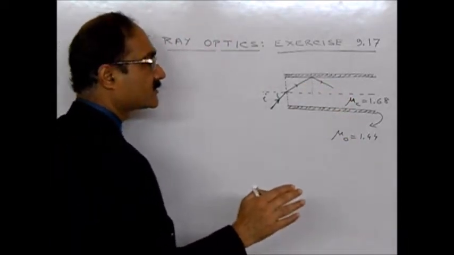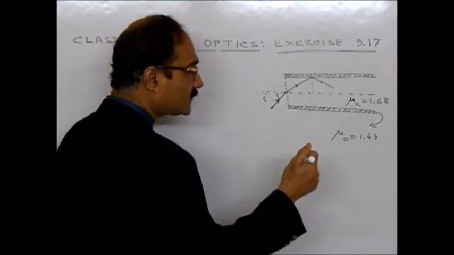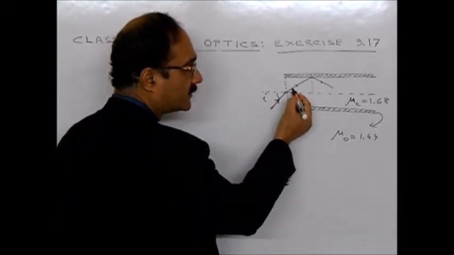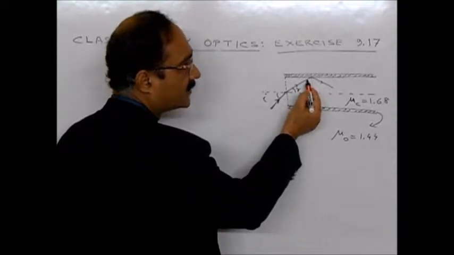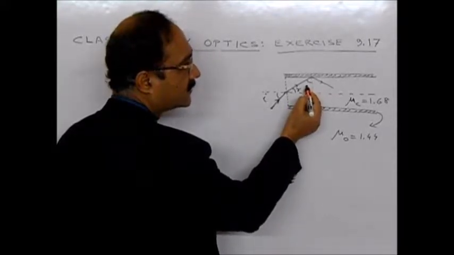So for this, what you do is, this is angle I, let's call this angle R. This is the angle of incidence here, let's call it I dash.